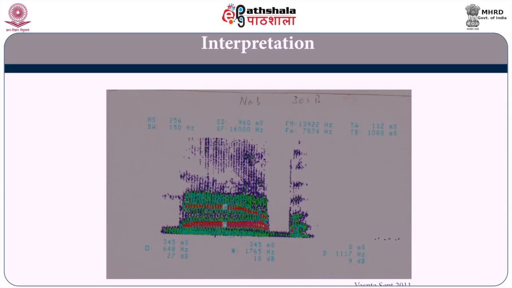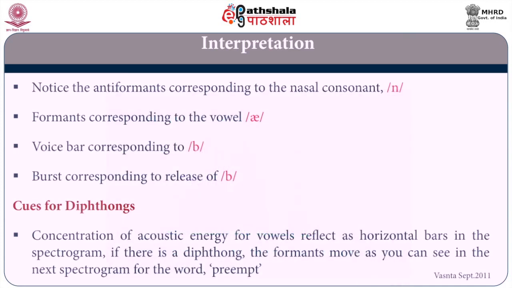But many of our words also have diphthongs. So what happens when we produce a diphthong? The concentration of acoustic energy for vowels is reflected as horizontal bars, which we are calling formants, right? But a diphthong is a changing quality of the vowel, so you see a movement in the formant. The formants move when a word has a diphthong.